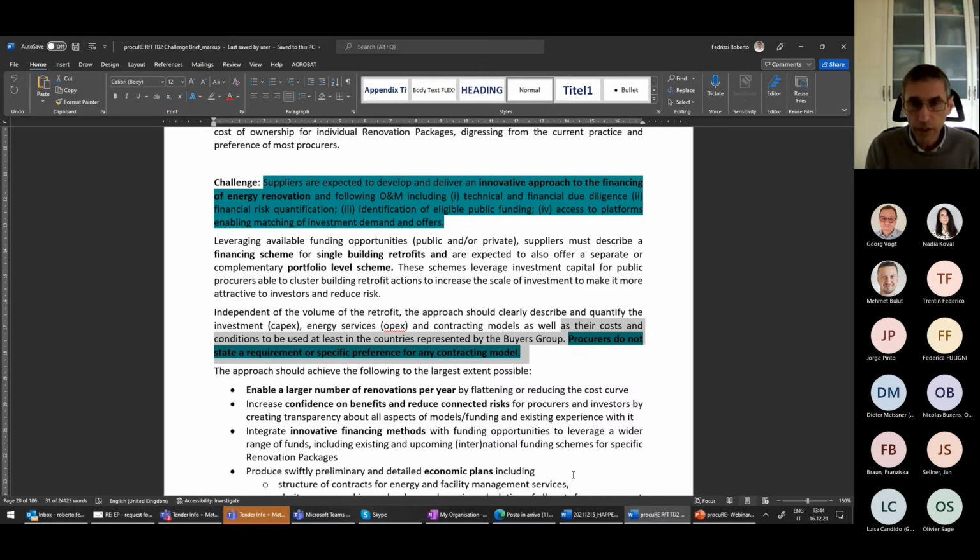Again, we do not pretend the suppliers retrofit the building and also bring in the money to retrofit the building. That is not needed. But once more, we need to understand how the suppliers will help the procurers in terms of facing the financial burden of the retrofit investment.